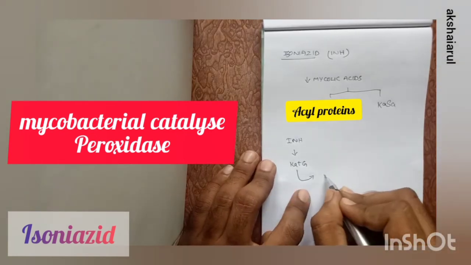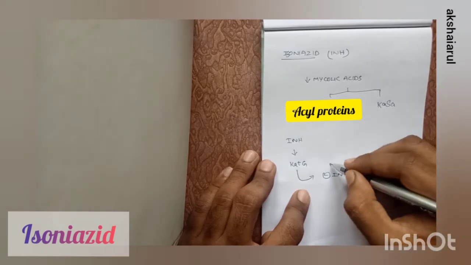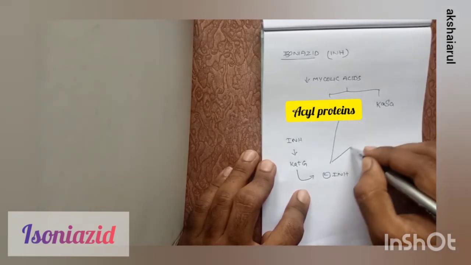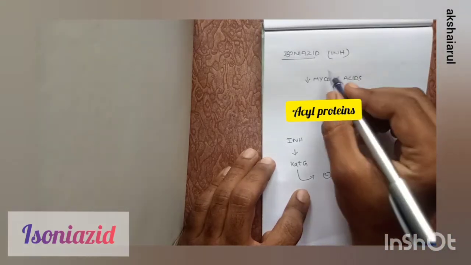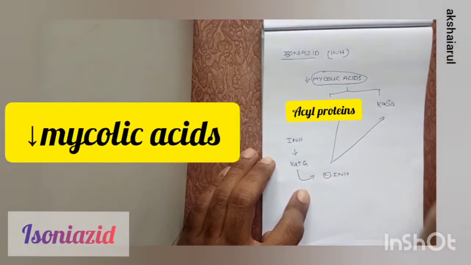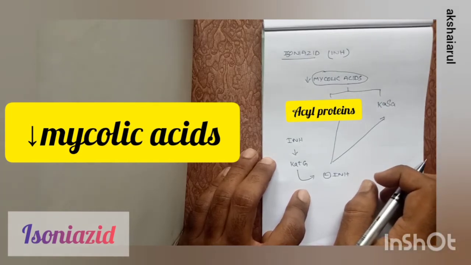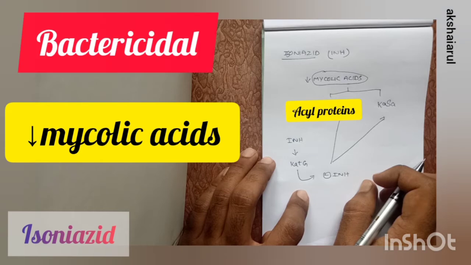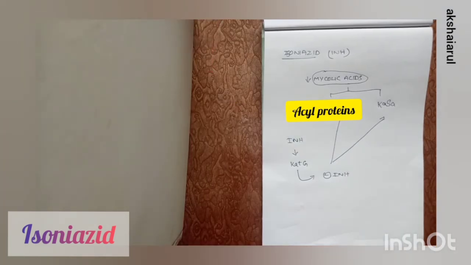The activated form of isoniazid inhibits KasA, which thereby inhibits mycolic acids, and thus isoniazid shows its bactericidal action and kills the Mycobacterium tuberculosis.